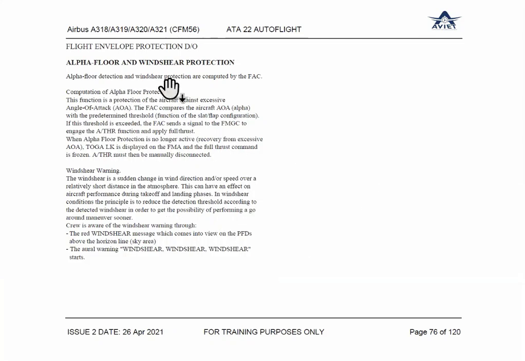Okay, sir. So alpha floor and wind shear. Alpha floor is high angle of attack. The FAC will compute the high angle of attack with predetermined thresholds, which are a function of the slat and flap configuration. If this threshold is exceeded, the FAC will send a signal to the FMGC to engage the auto thrust function and apply full thrust. I think if yesterday the instructor talked to you about auto thrust manual operations or auto operations, then he must have discussed this.